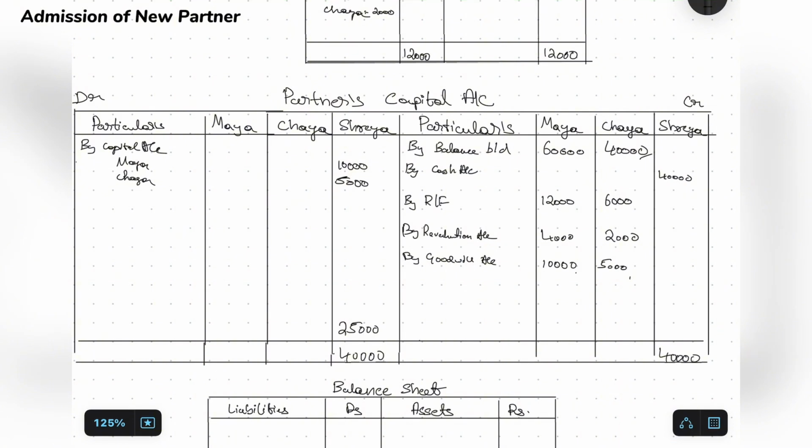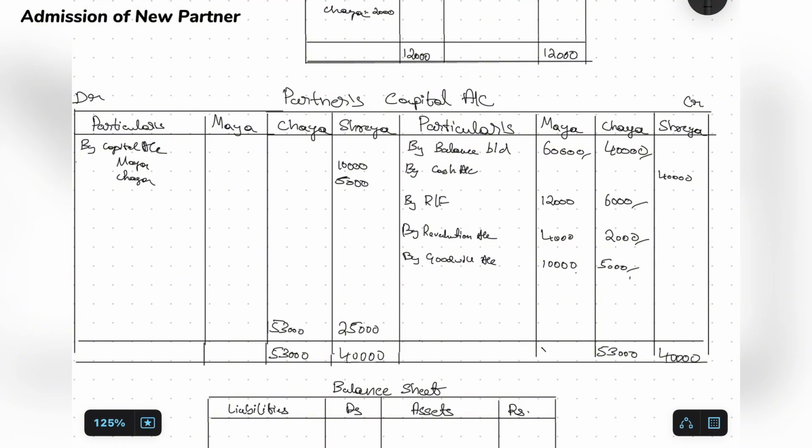Next, I'll come to Chaya's balance, that is 40,000 plus 6,000 plus 2,000 and 5,000. So I'm getting 53,000. I'll carry forward the same 53,000. I'll come to Maya. Maya is 60,000, 12,000 plus 4,000 plus 10,000.